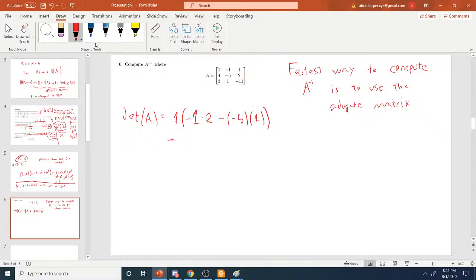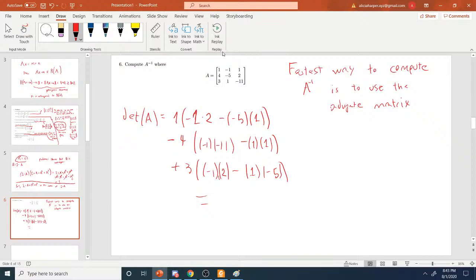And then minus 4 times -1 times 11, or -11, minus 1 times 1, and then plus 3, -1 times 2, minus 1 times -5. So here I just did a cofactor expansion along the first column.